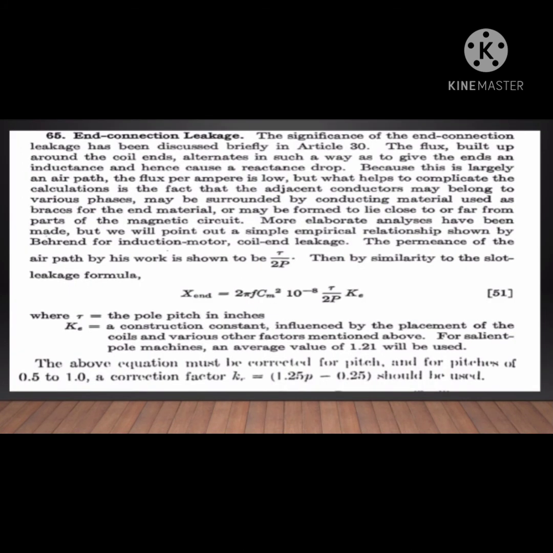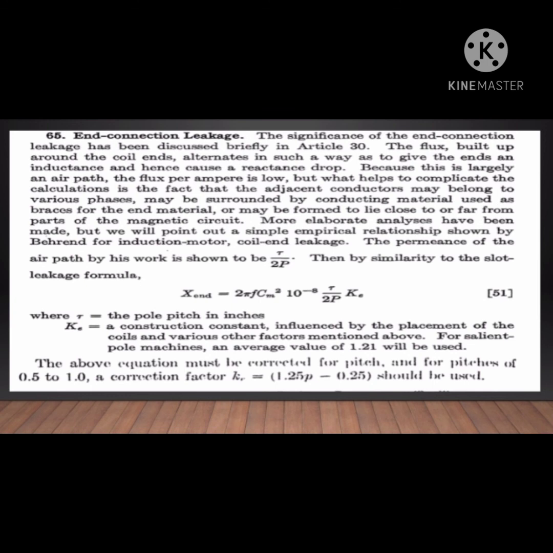So, next is the end connection leakage. For the end connection leakage, we have the permeance of the air path, which is equal to rho over 2p.